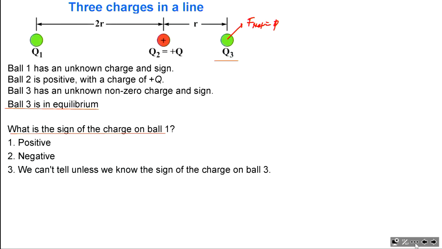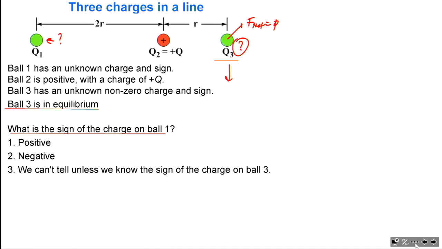And the question is, what is the polarity of the first charge on the left? Is it positive? Is it negative? On one hand, it might seem we have not enough information because we don't know if the third charge is positive or negative.